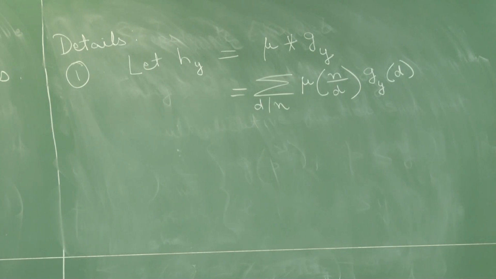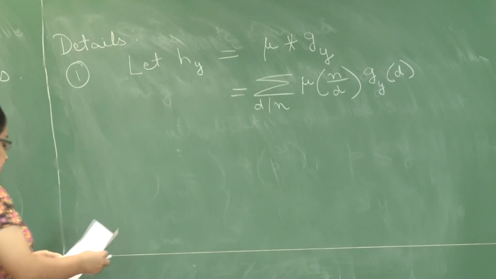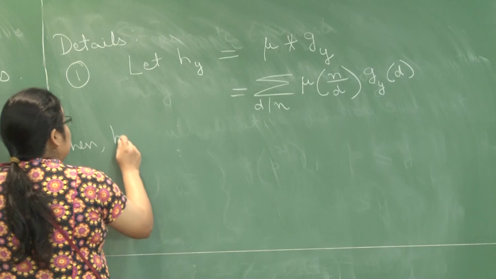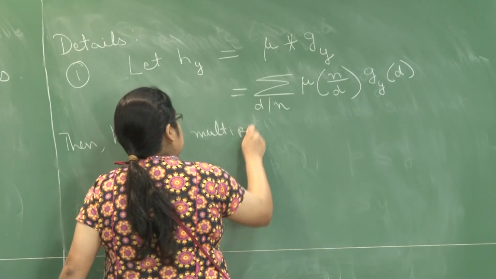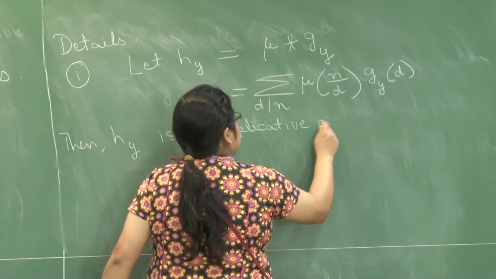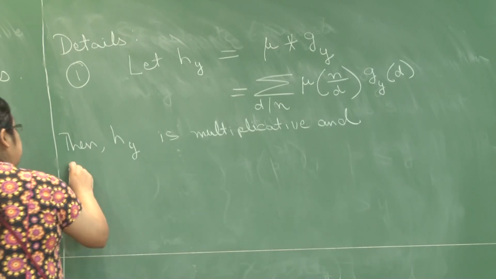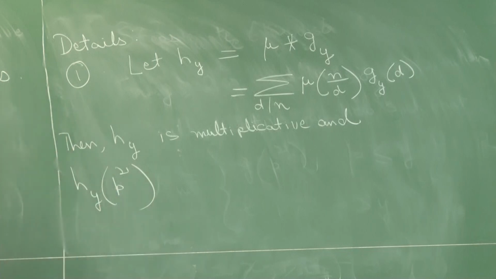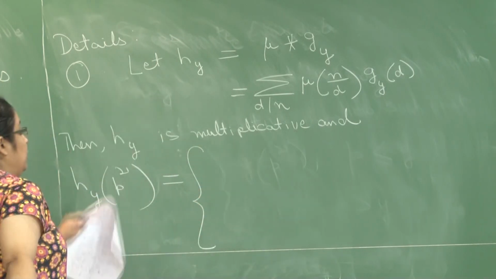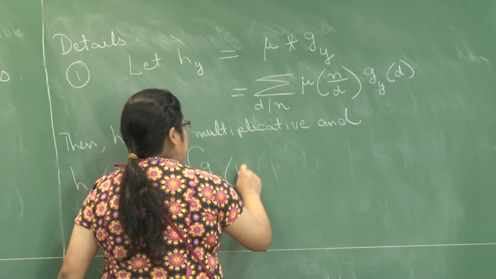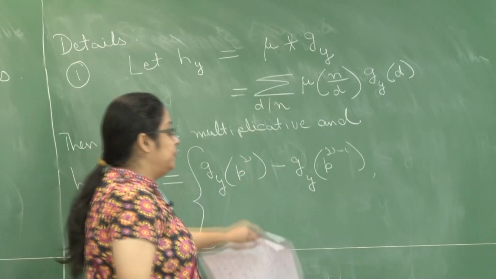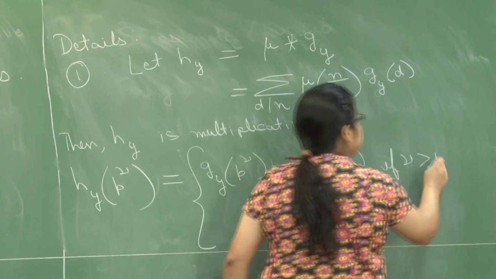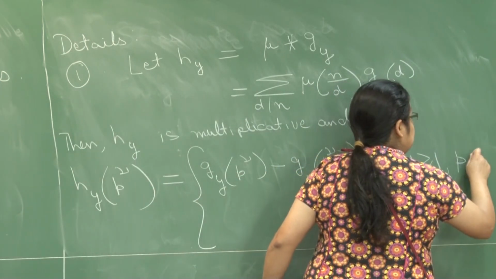Okay. So, in particular, this will immediately tell you that if g sub y is multiplicative, so is the convolution h sub y, and you also know the values at prime powers: h sub y of p raised to the nu turns out to be equal to the difference g sub y of p raised to the nu minus g sub y of p raised to the nu minus 1 if nu is greater than or equal to 1 and p is less than or equal to y.